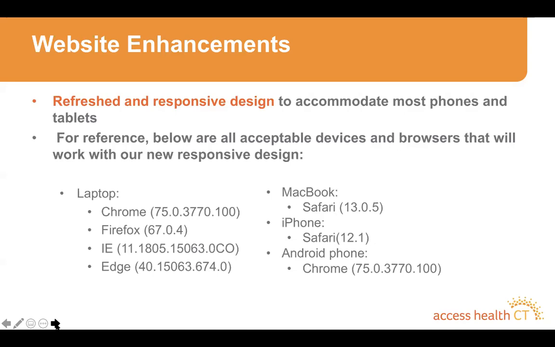The screens look a bit crisper and cleaner. They should fit the screen that you're using, and a lot of work did go into making the consumer portal more aesthetically pleasing and more responsive to devices across the board. Next, please.